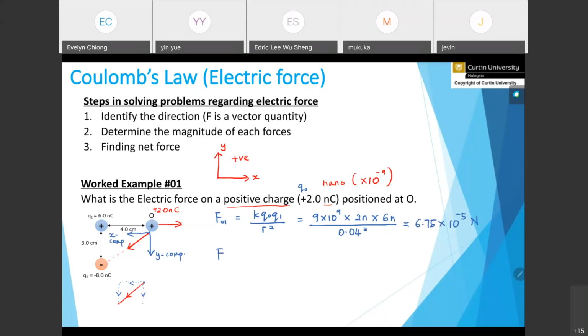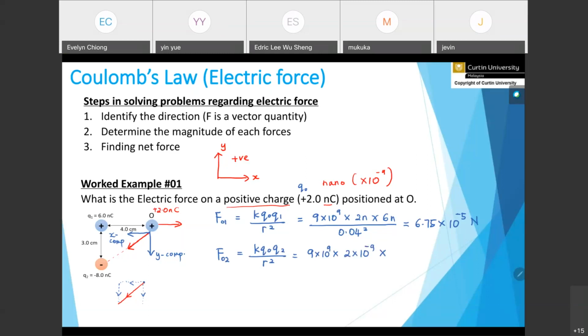So now I want to calculate the second one, the positive charge due to Q2, the negative charge. So also the same. This time I'm going to write it down. The nano, and this one is -8.